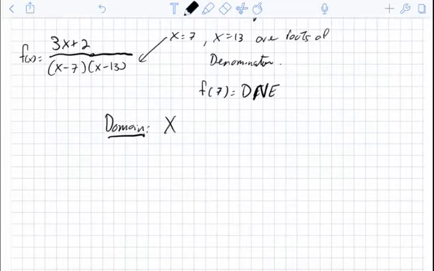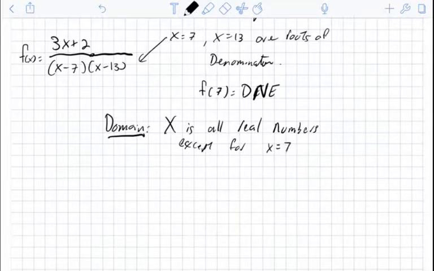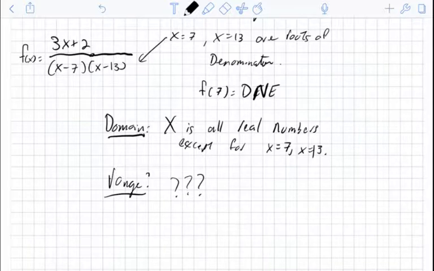X is all real numbers except for x is equal to 7 and x is equal to 13. That's how you say that. As for the range, don't worry about that for right now. We'll talk about it later. It's fairly complicated.